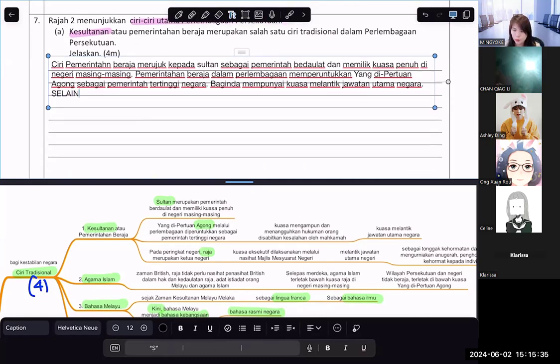Okay, selain itu, pada peringkat negeri, raja merupakan ketua negeri.